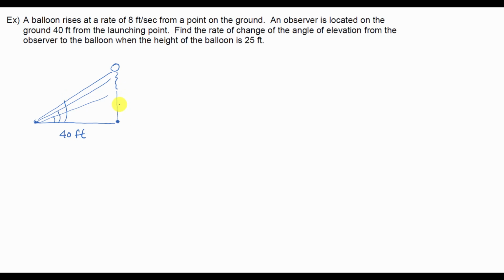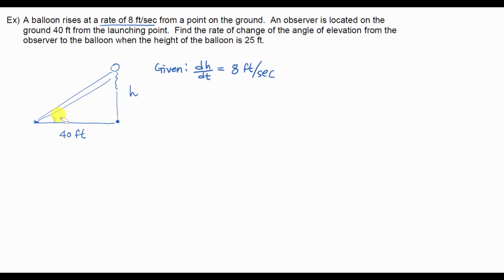So balloon is rising. We can call that h for the height of the balloon. How is it changing? It's changing at 8 feet per second, and it is increasing, right? Height is increasing. So what they gave me is dh dt. dh dt is 8 feet per second, and they want me to find rate of change of an angle.